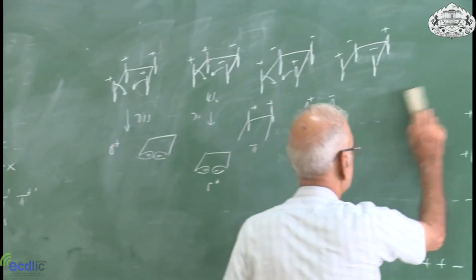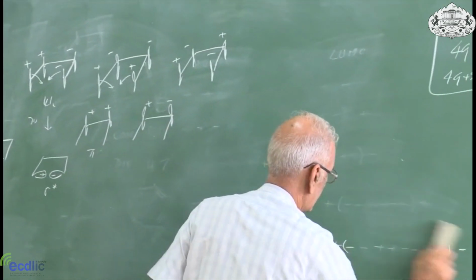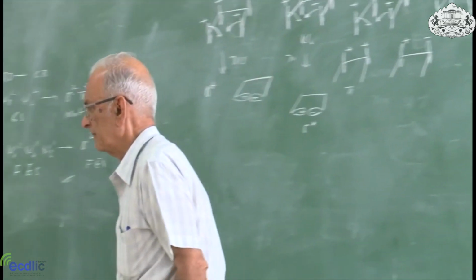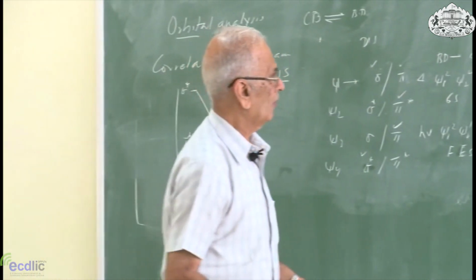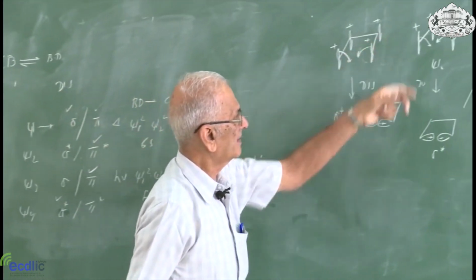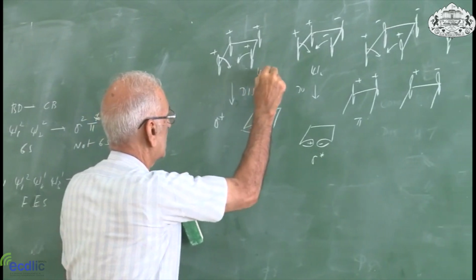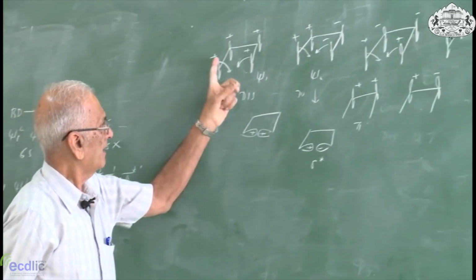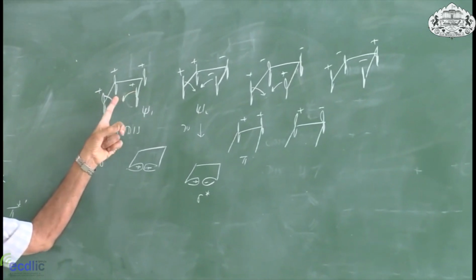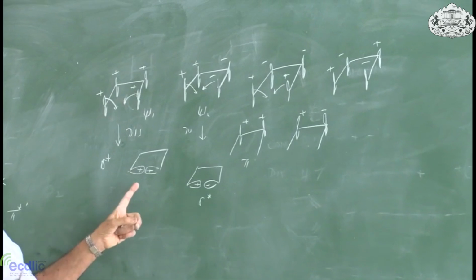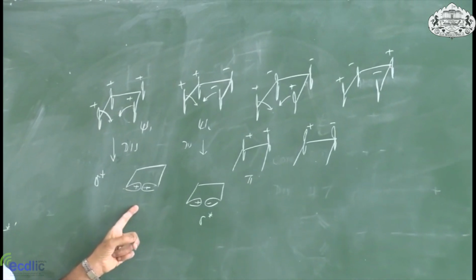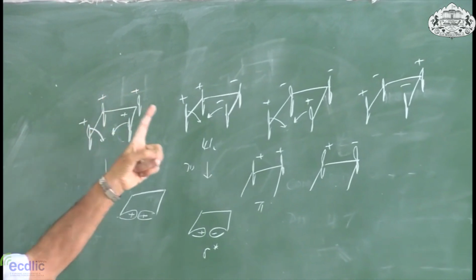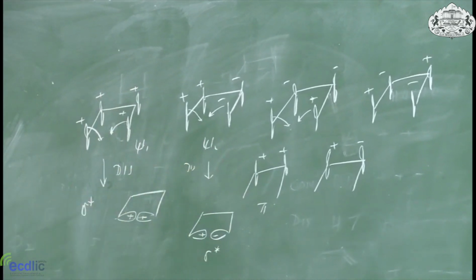Let us summarize what we did. We wrote the orbitals psi 1, psi 2, psi 3, psi 4. When I made the disrotatory process, psi 1 can correlate with sigma. If I look at middle orbitals, psi 1 correlates with pi.